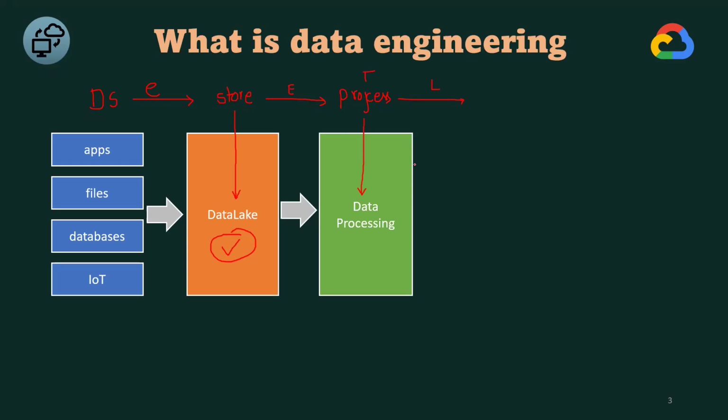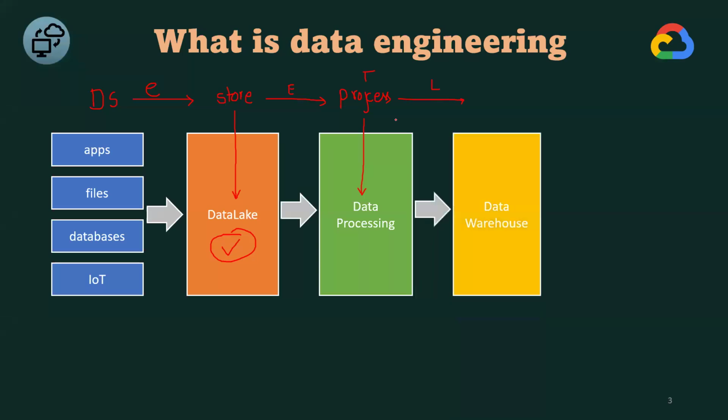Once the data is properly processed, we are going to send this data to the data warehouse, where you can do the analysis. Once you have the data cleaned and prepared properly for analysis, you send it to the data warehouse.